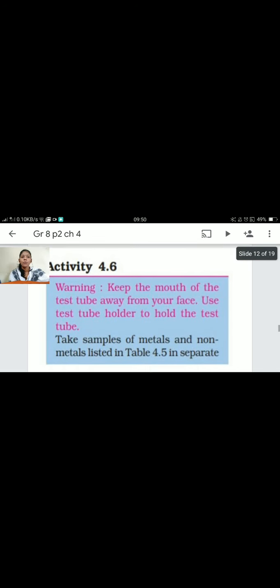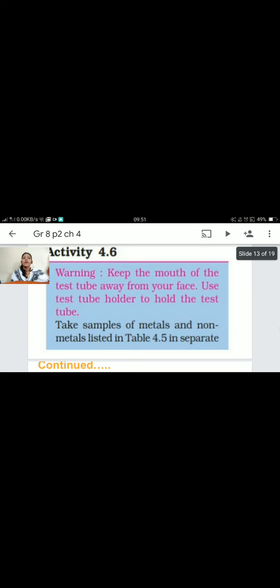Next, activity 4.6. While performing this activity you have to take precautions, because we are handling the acid as well as the bases. Take samples of the metals and the non-metals listed in table 4.5 in separate test tubes. Label them as A, B, C, D, E and F, and add 5 ml of dilute hydrochloric acid one by one.